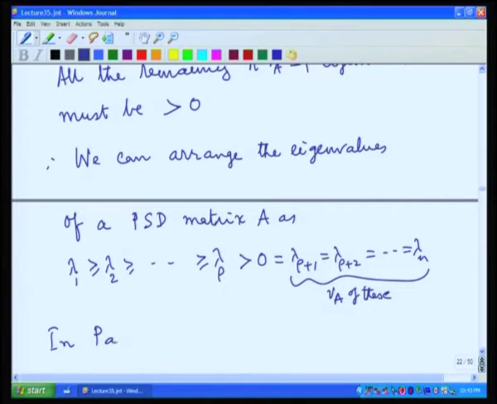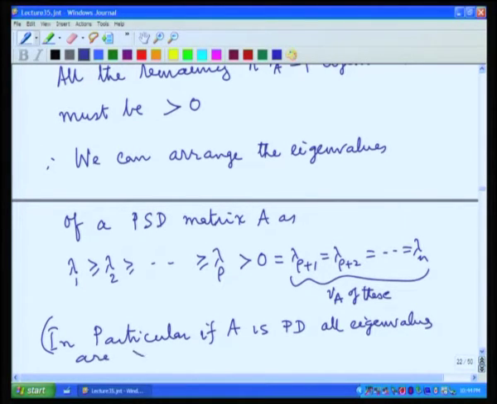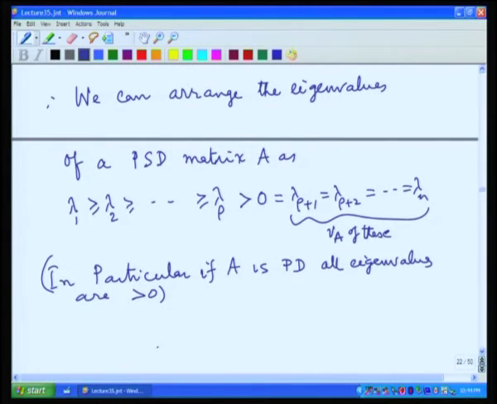In particular, if A is positive definite, then 0 is not an eigenvalue at all and all eigenvalues are strictly positive. That means we will have lambda 1 greater than or equal to lambda 2 greater than or equal to up to lambda n, all of them greater than 0. So, the 0 eigenvalue will not appear at all.